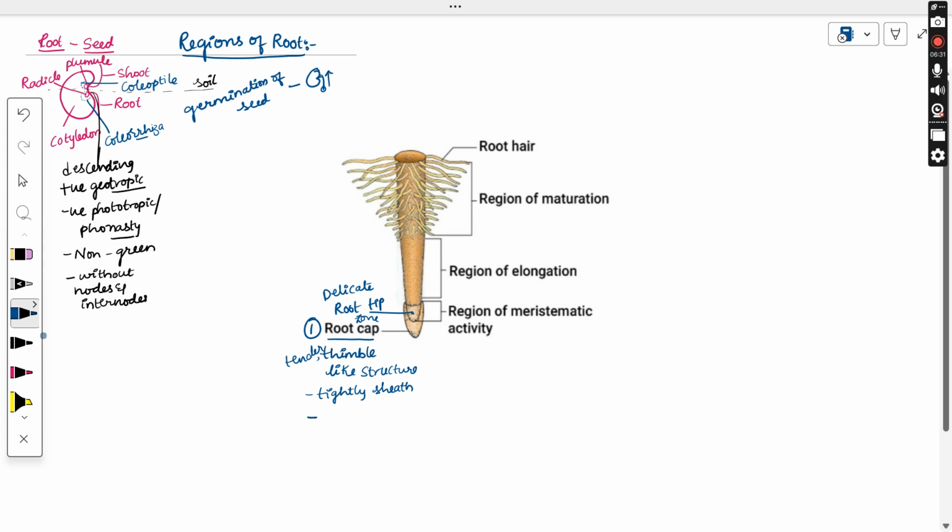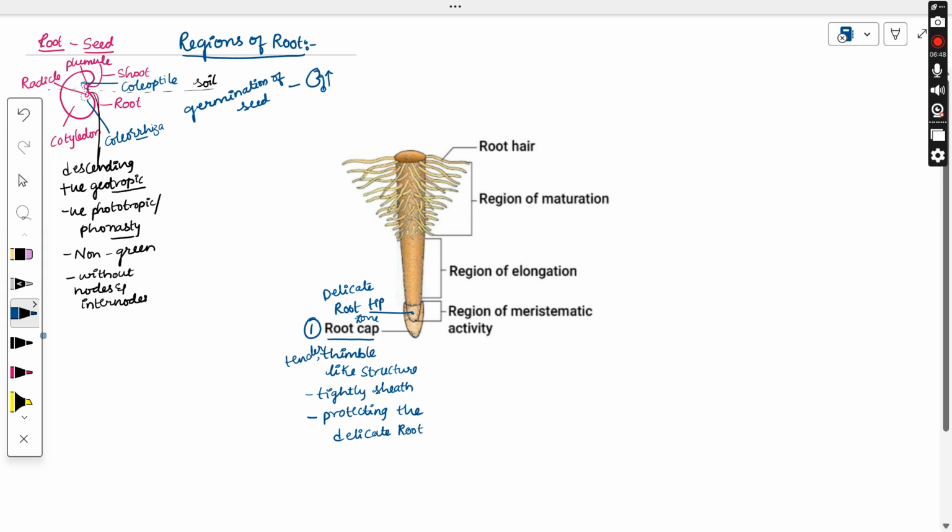If the root cap is there, it is just like a structure which is protecting the root tip. It is protecting the delicate root tip and helps in easy penetration into the soil.